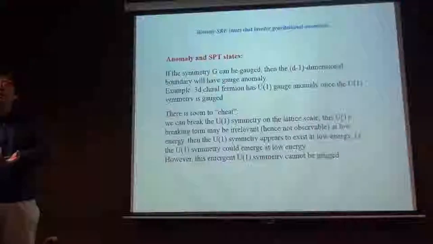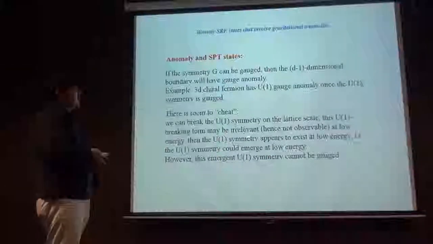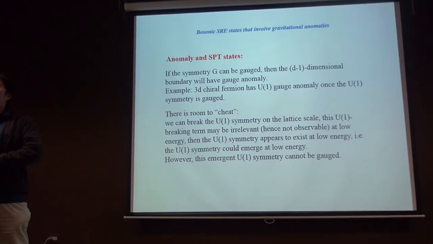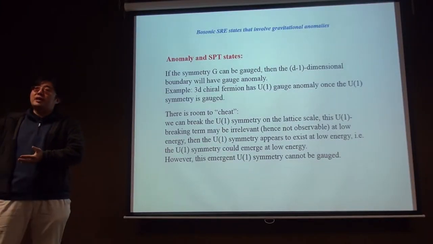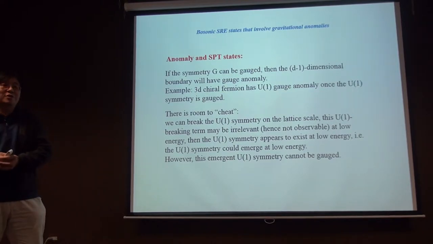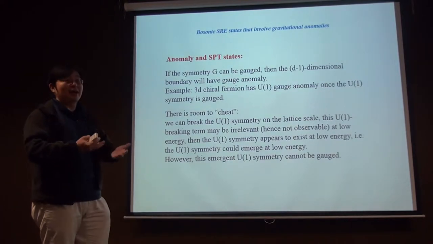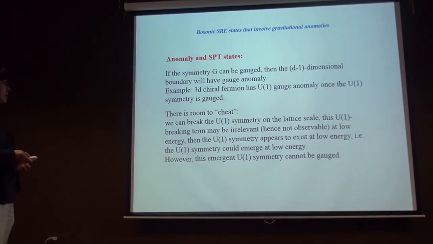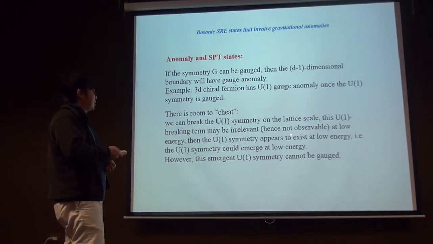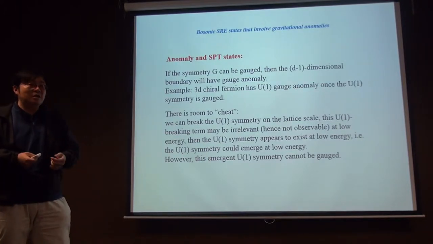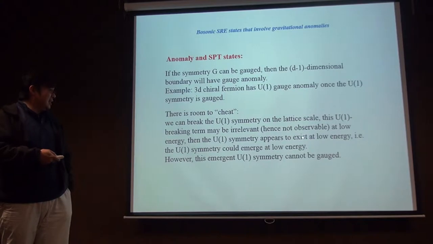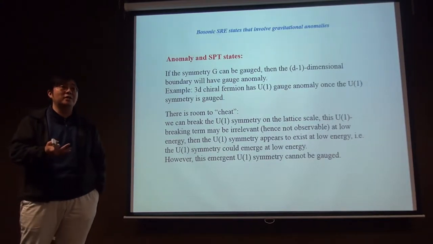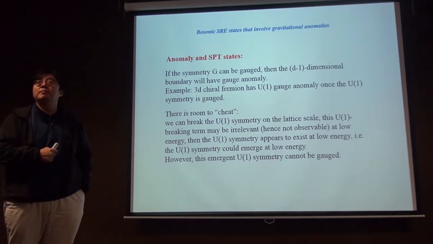If I guarantee that, then at low energy, I will not see the U1 symmetry breaking effect at all. But if I go to the UV, I will see the U1 symmetry breaking, which violates the no-go theorem assumption. Nevertheless, because I can make the U1 symmetry breaking term irrelevant, at low energy this theory may still just look like a single chiral fermion. Okay, this is doable.